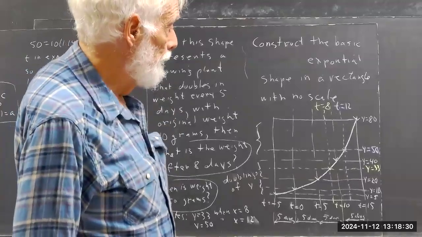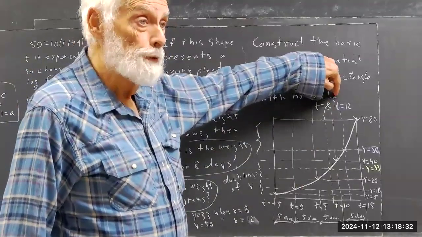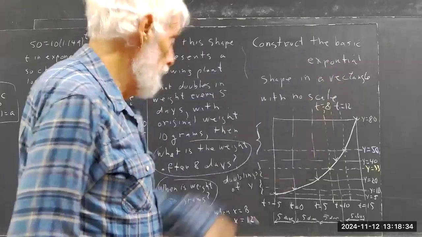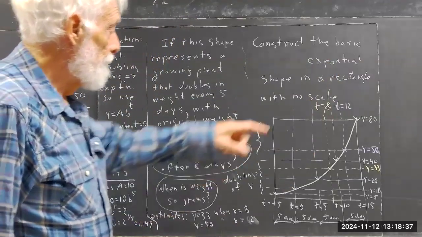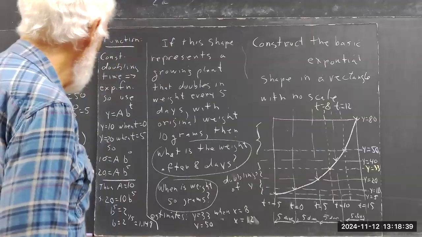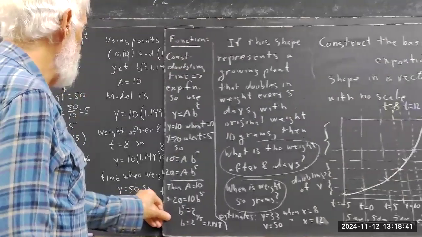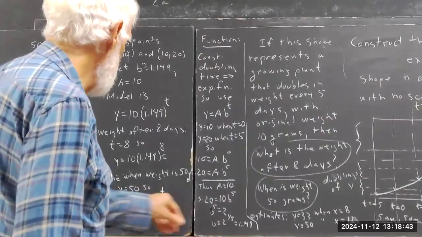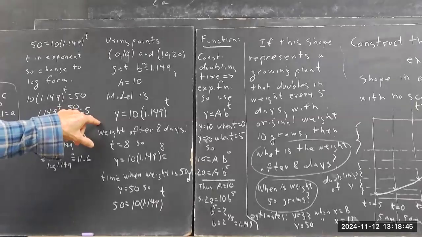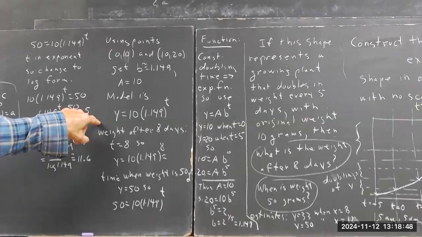Well, the estimate, to the nearest whole number, was 12. So my estimates on this graph are pretty well confirmed by the more accurate results that we get, the 4 significant figures from the model.